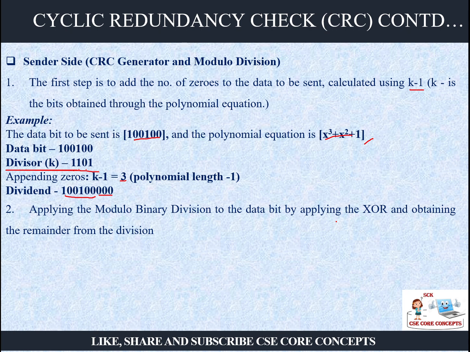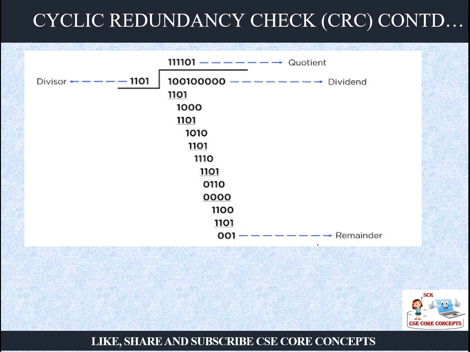Now next is that we have to apply a binary division method by applying the XOR and obtaining the remainder from the division. Now we have, this is our data appended with the zeros and this is our polynomial binary form. So if I perform a binary division, you get a remainder, right?